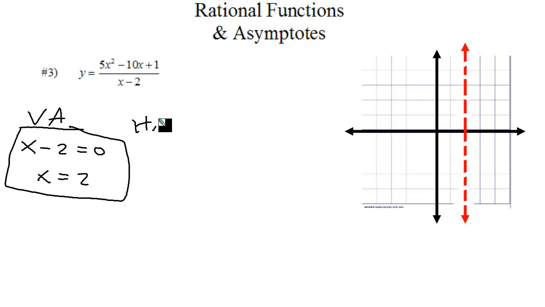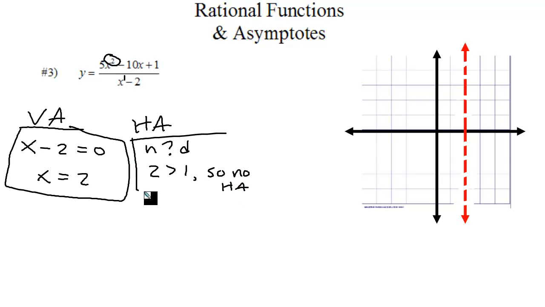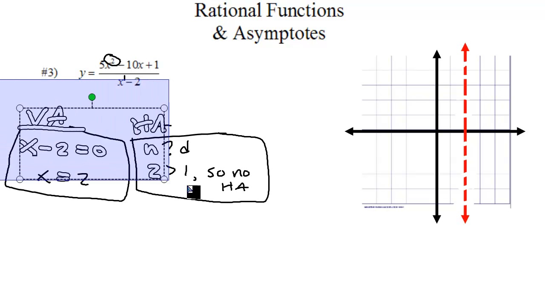To find horizontal asymptotes, compare n to d. N in this problem is 2, d is 1. 2 is bigger than 1, so there's no horizontal asymptote. Which means there might be a slant.